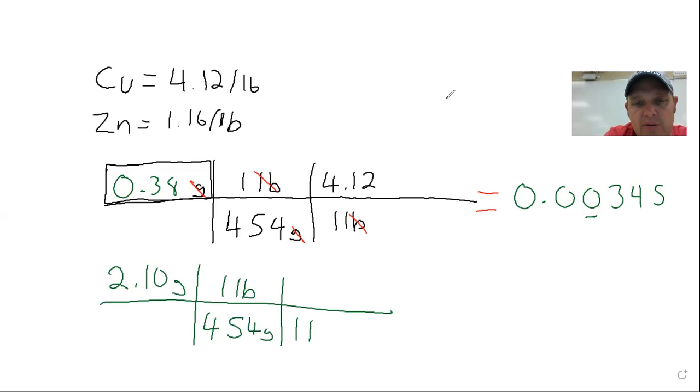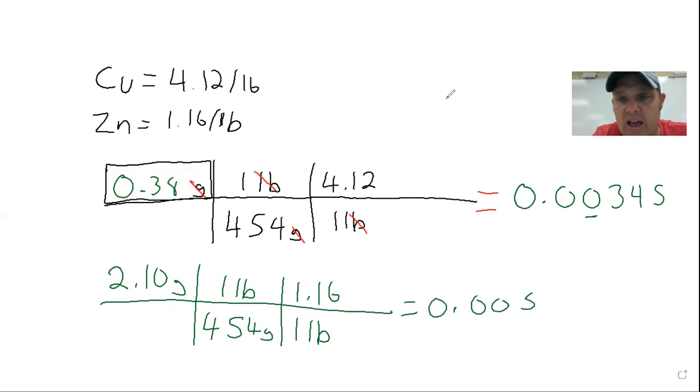In 1 pound of zinc, it costs $1.16. So let's see how much this zinc would cost. 2.10 divided by 454 times 1.16, and I get 0.00537.